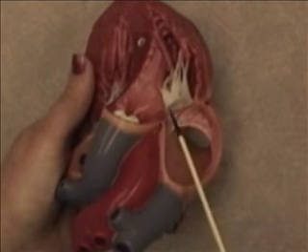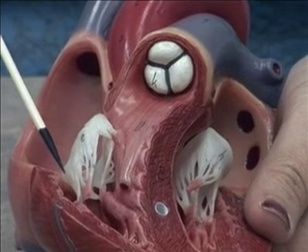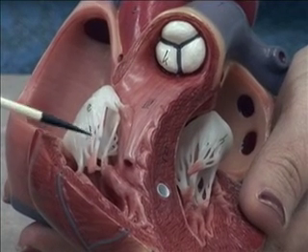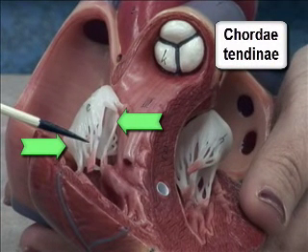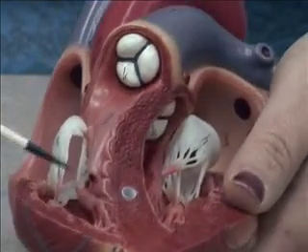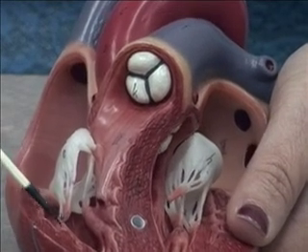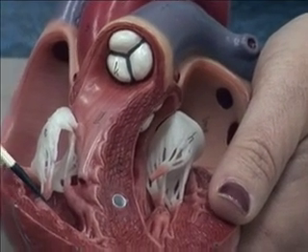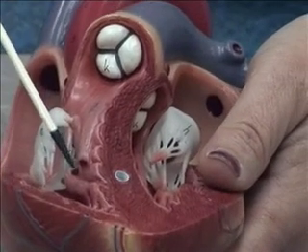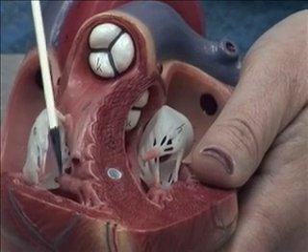This valve is attached to the lower end of the ventricle by these stringy chordae tendineae. The chordae tendineae anchor to large muscles in the bottom of the ventricle called papillary muscles. This also is another papillary muscle.